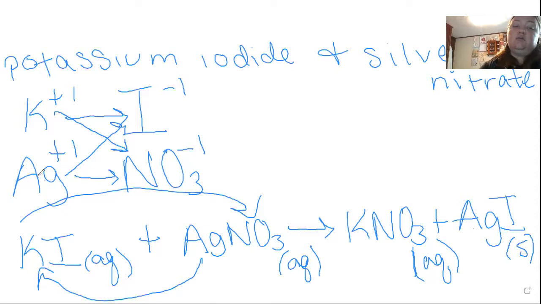Now, one thing that I forgot to mention is to balance this, but they are all +1 and -1 ions, so this ends up inadvertently being balanced. So let's see this a couple more times.